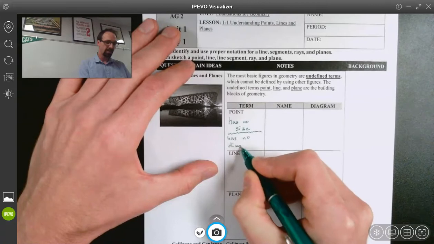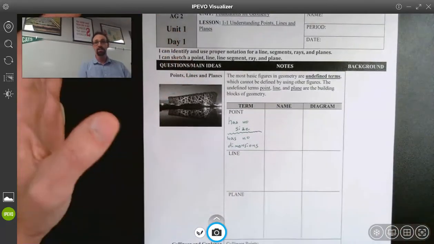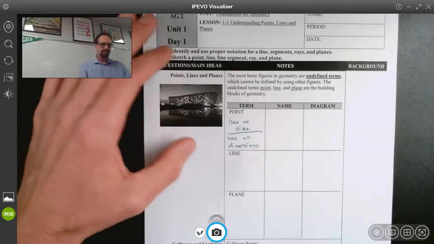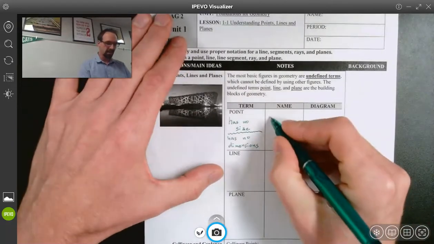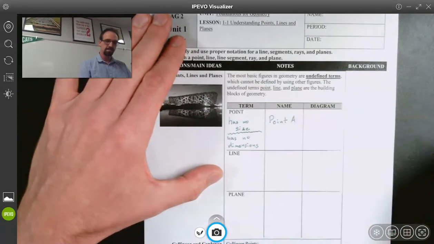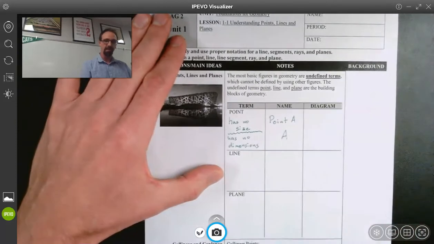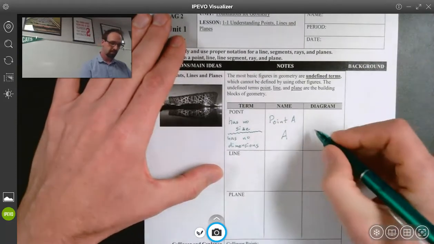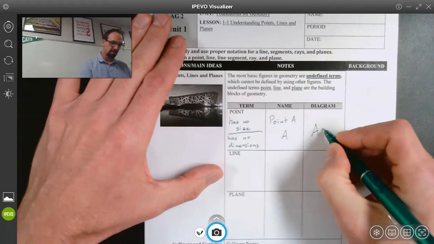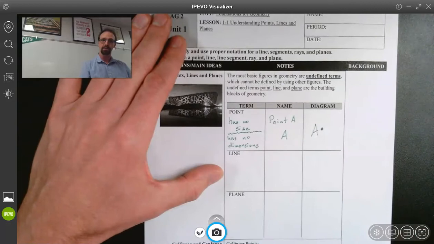So a point does not have width, length, or height. When we say something like a point, we might say point A, or we could just simply write the capital A. The picture of this would be a dot, now point, with the capital A next to it.